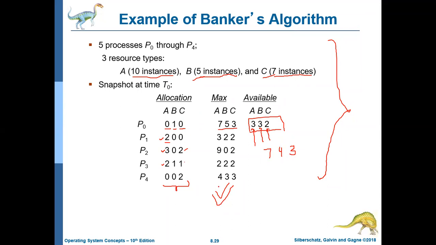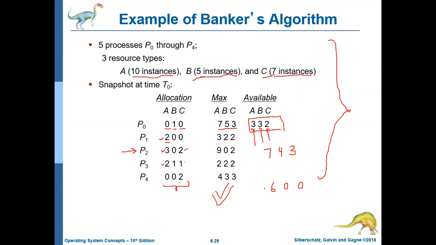If I say you are required to calculate the need for process P2, what will it be? 9 A's are required, 3 you have allocated. 9 minus 3, 6. 0 it required, 0 you have allocated, 0 is the need. 2 it required, 2 you have allocated, 2 minus 2 means 0 is the need.